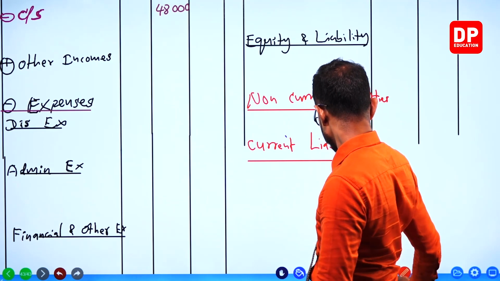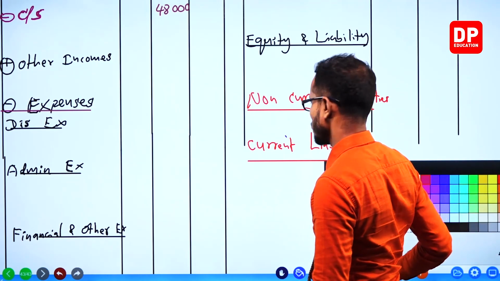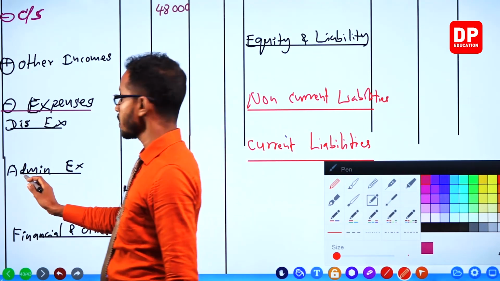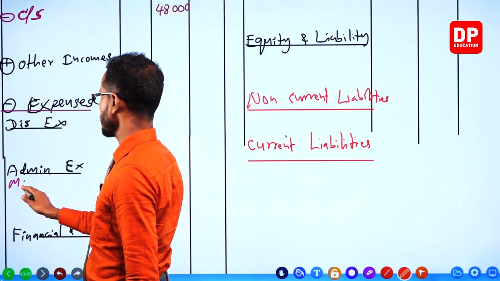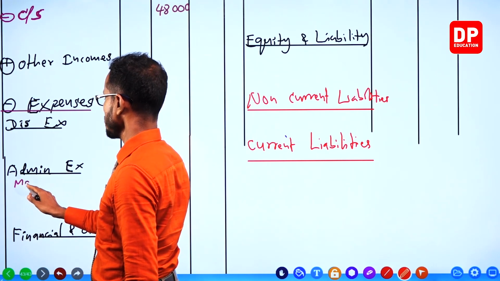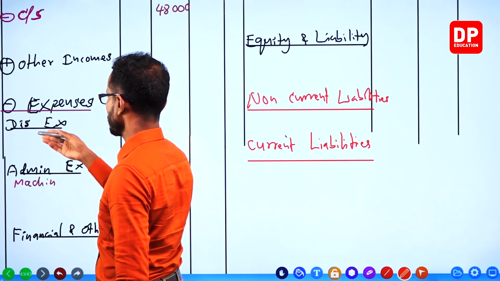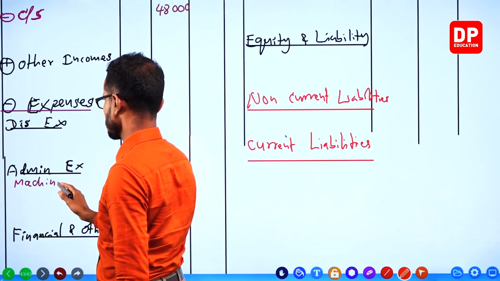Depreciation 20,000, which we calculated, goes under admin because it is machinery depreciation. If it was a motor vehicle depreciation, it should be under distribution costs.